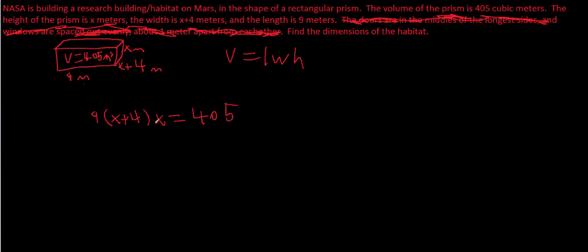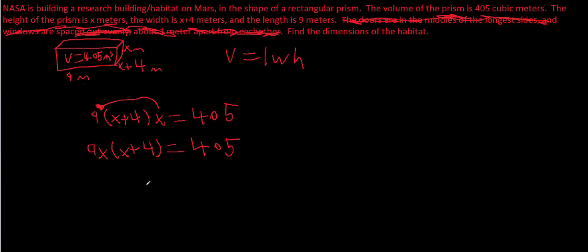Now this looks kind of complicated the way that it's written right now, but really all that we have to do is translate it to an easier way to understand. Because of the commutative property, we can slide this x over there and attach it to the 9. So we would have 9x times (x plus 4) equals 405. This is looking a lot better to me.